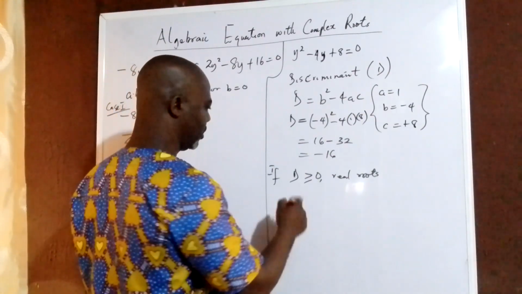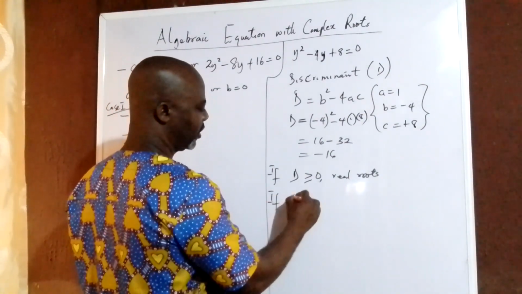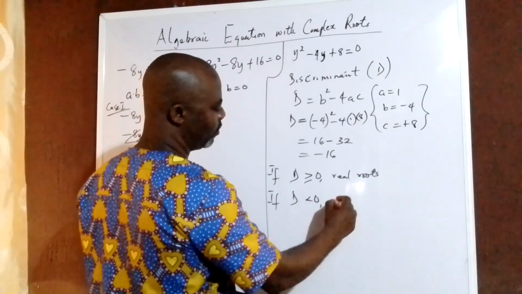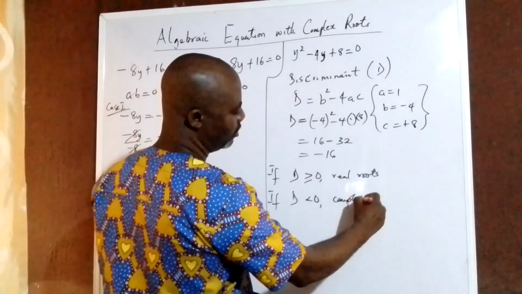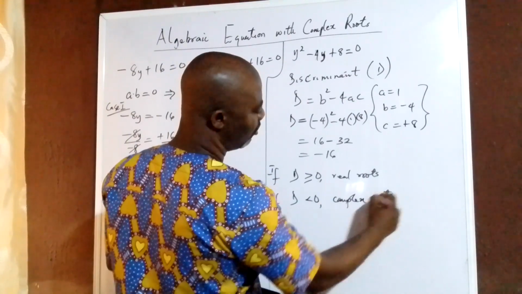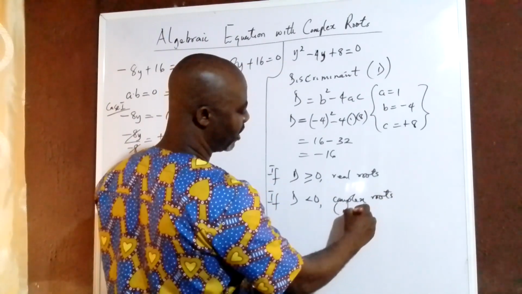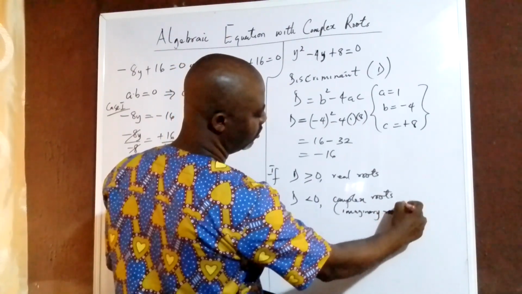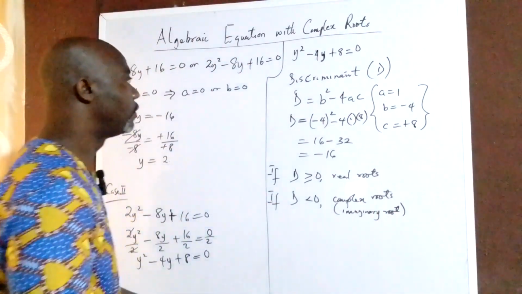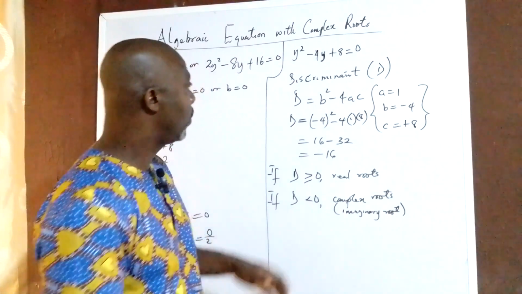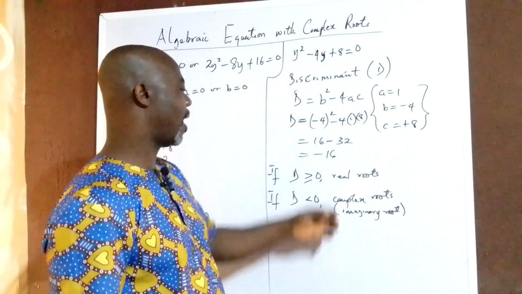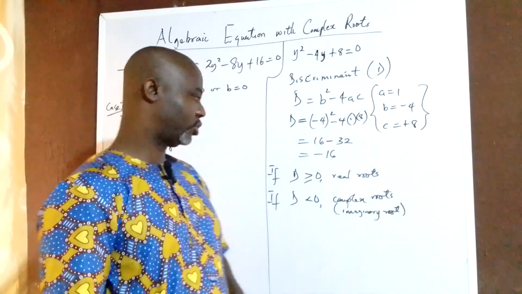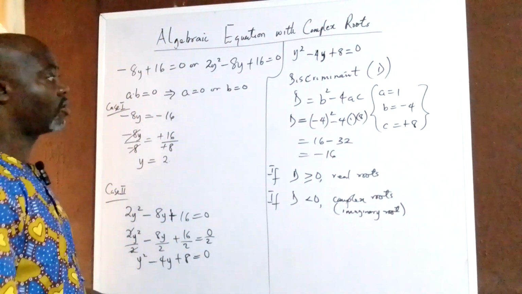Okay, so if D is less than 0, then we have complex roots. Complex roots can also be referred to as imaginary roots. Okay, good. So now, from what we've done here, we can see that this equation is going to have complex roots. So how do we find the complex roots?